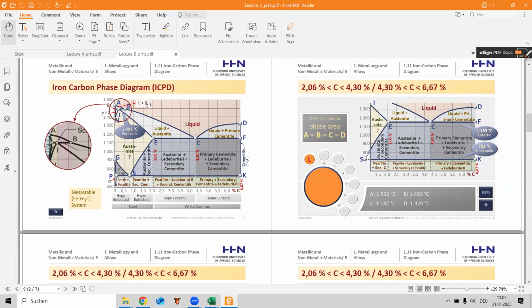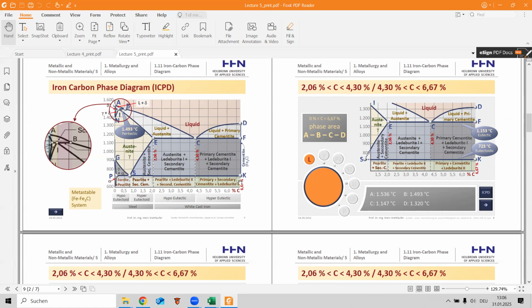Delta phase, liquid plus delta phase, liquid and primary cementite, liquid plus austenite. Here at the start we have austenite, or gamma. Austenite and secondary cementite. Austenite plus ledeburite 1, secondary cementite, primary cementite, ledeburite 1, and secondary cementite.